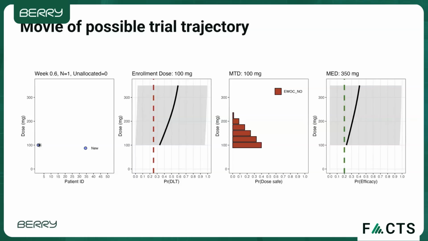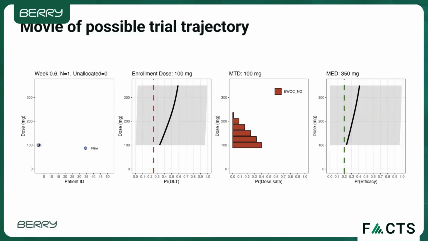The second plot from the left is going to show the current model fit of the dose-toxicity relationship. So you can see in black, this is sort of the median, and then the gray shaded area is the credible interval. One thing you can see here is while we're at the beginning of this trial, we have a very vague prior.